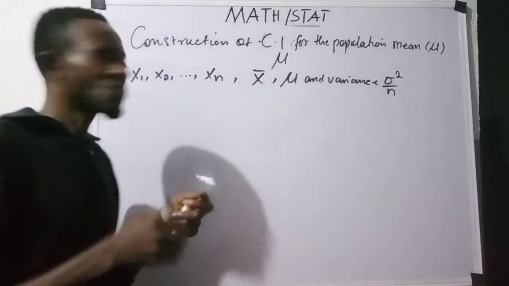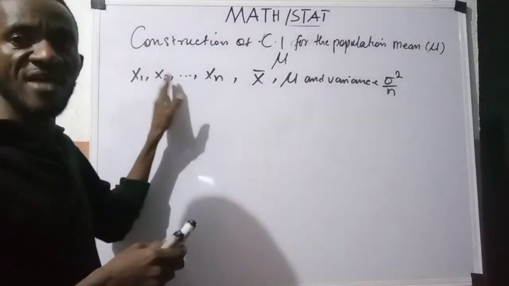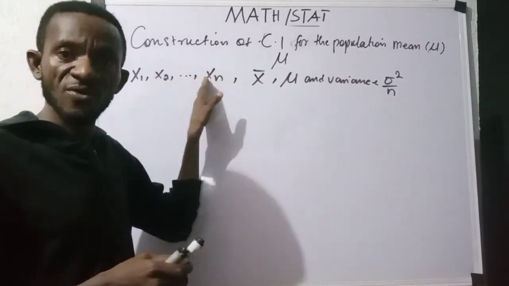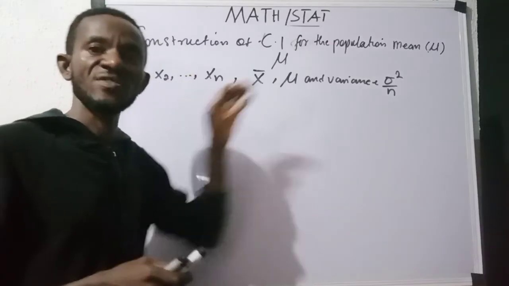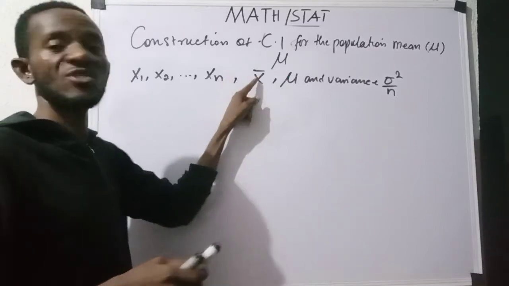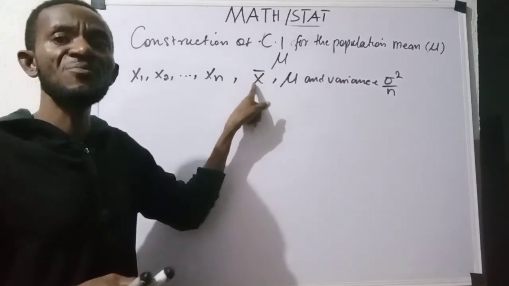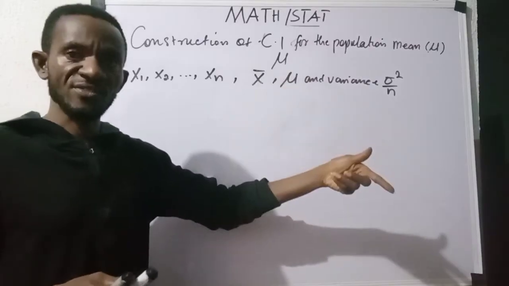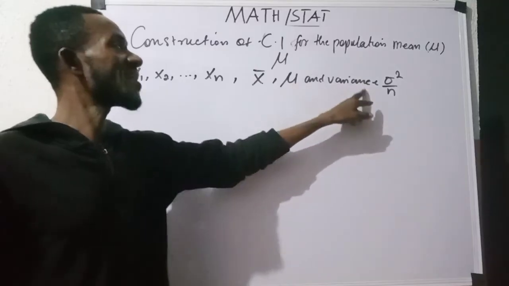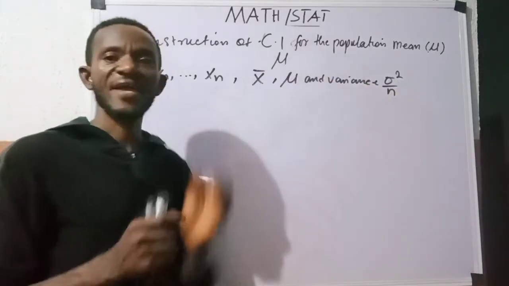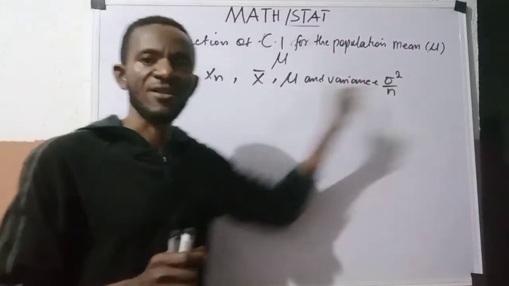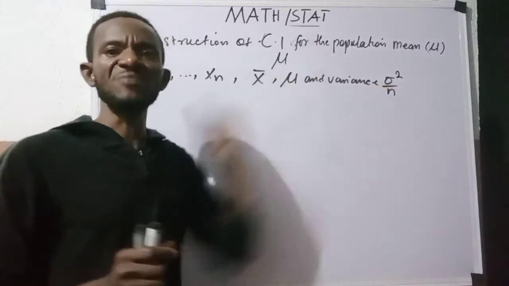I repeat, we are given x1, x2 up to xn, and these x1 up to xn are independent observations taken from the population of interest. And the sample mean is X bar, and this sample mean has a sampling distribution with mean mu and variance sigma squared over n.